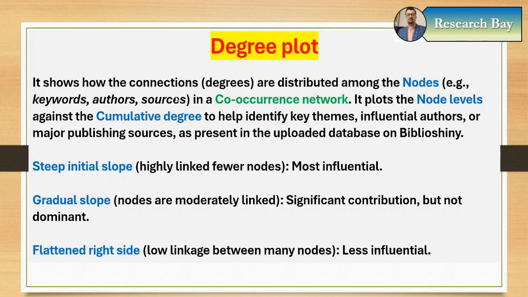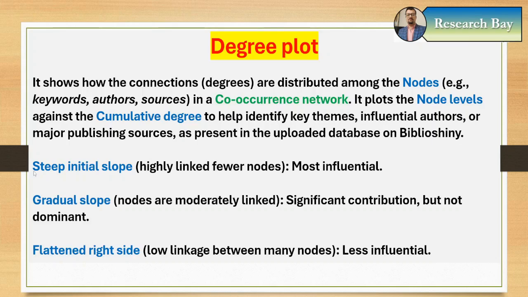Keywords, authors and sources, how often do they occur together? It plots the node levels against the cumulative degree to help identify key themes, influential authors or major publishing sources as present in the uploaded database on BiblioShiny. So whatever we have uploaded on BiblioShiny, it is just going to consider that and give us the assessment based on that.